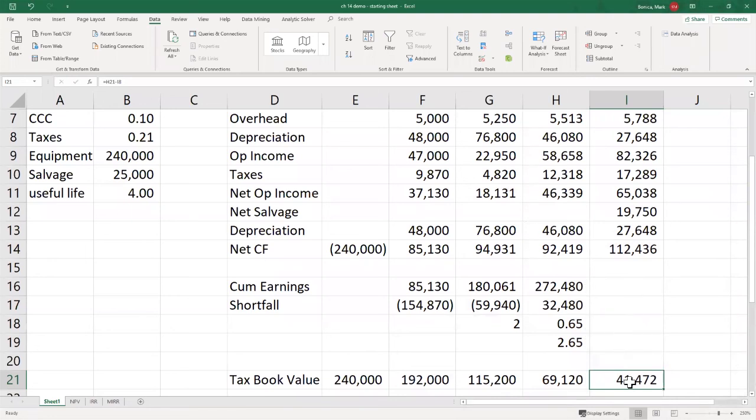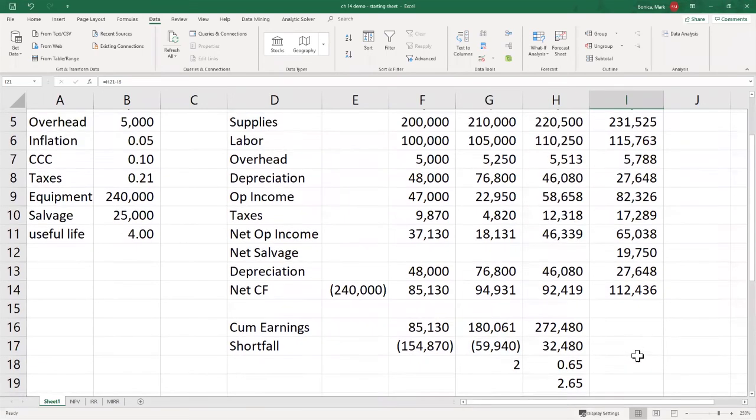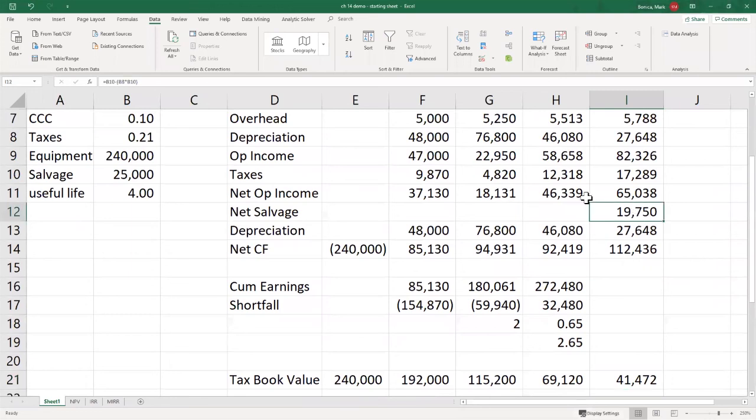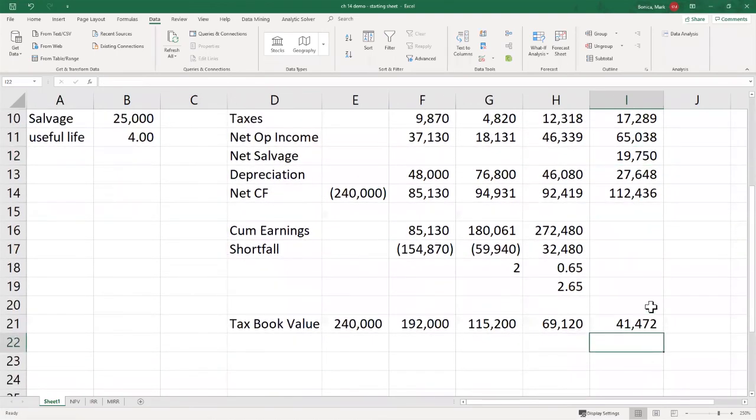But the key point here is if this was 5-year equipment instead of 4-year equipment, the book value would still be 41,000. So if we were to sell it for 25,000, we would actually have a loss, which would be a benefit to us. So our tax loss would be this minus 25,000, gives us 16,000.